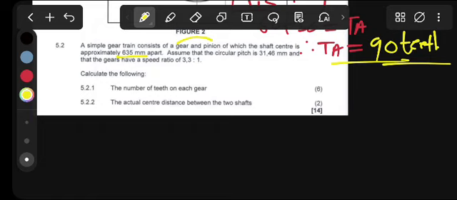Assume that the circular pitch is 31.4 millimeters, and that the gear has a speed ratio of 3.